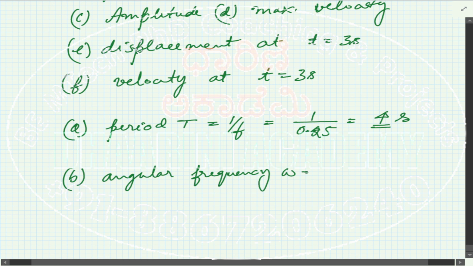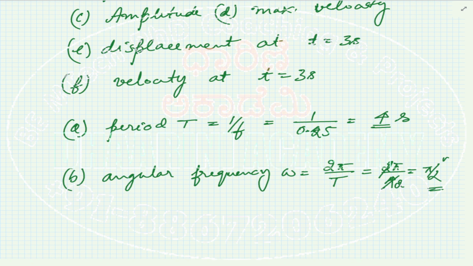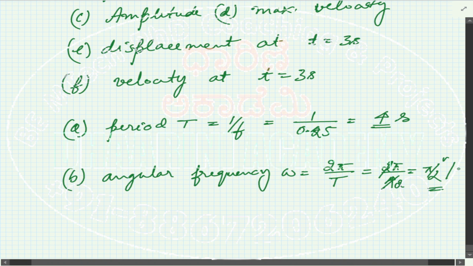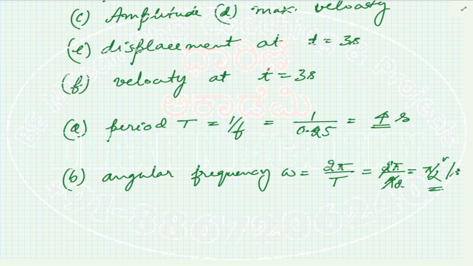That is omega equal to 2 pi by capital T. Substitute, this is 2 pi by 4, which equals pi by 2 radians per second. Angular frequency: it covers 90 degrees per second.